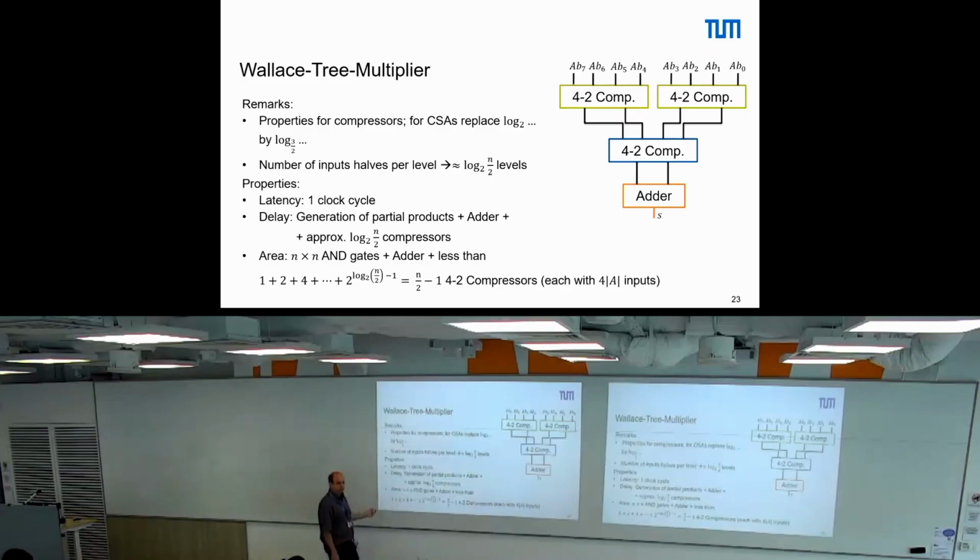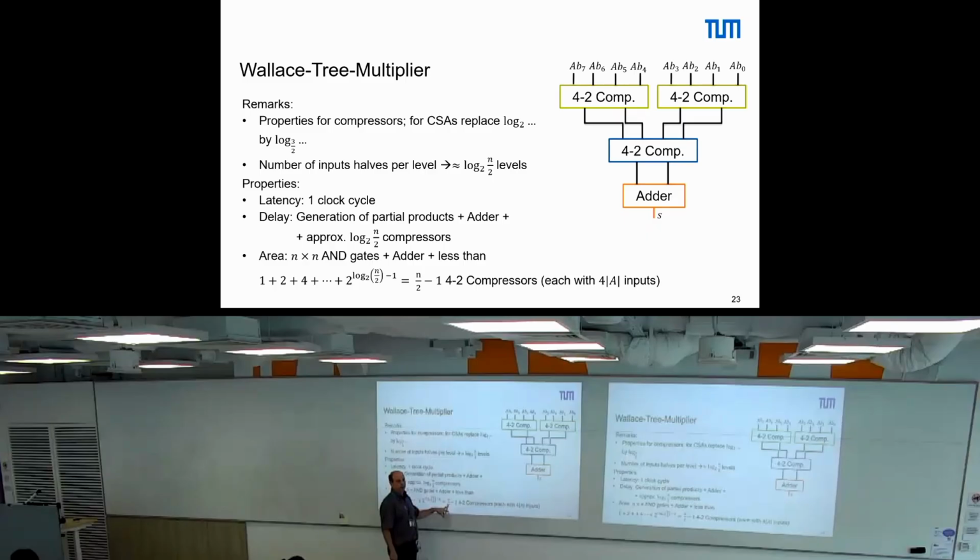For this level we have 1, for this level we have 2, for the next level 4, then 8, and so on. So this increases exponentially: 1, 2, 4, up to 2 to the power of log 2 of n half, which is just the depth, minus 1 because we start with 1. If you look up what the series is, it comes out to n half minus 1.